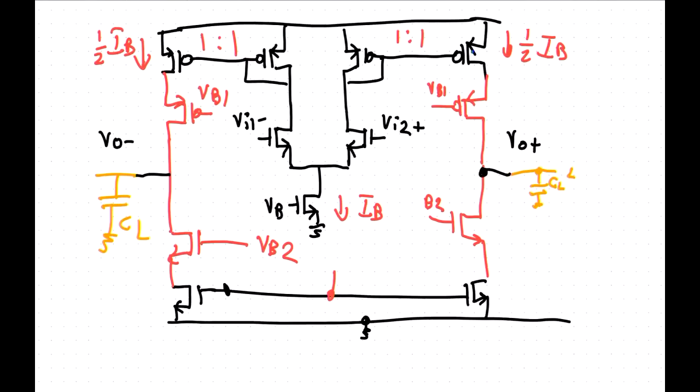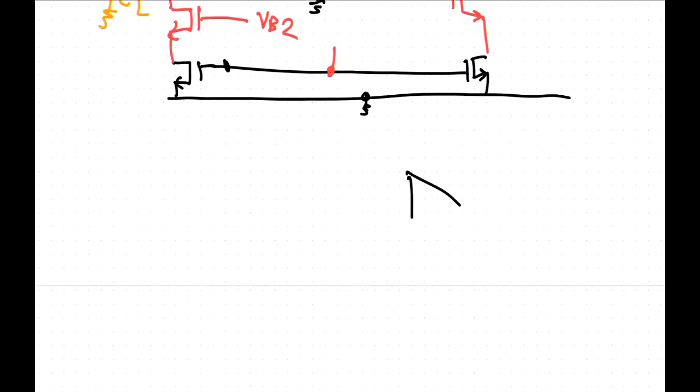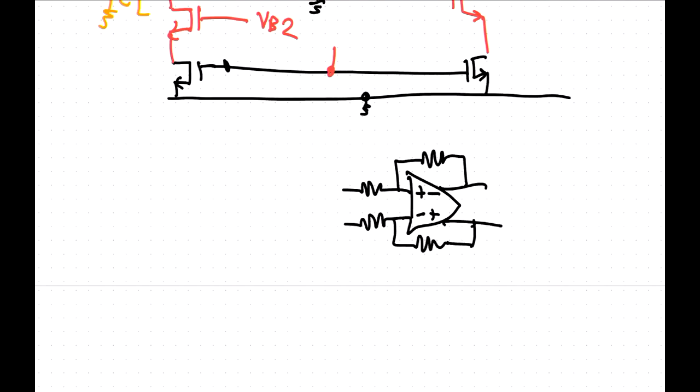A fully differential circuit, let me just scribble this down here. This would look like this. I'm using resistors here, probably this would be capacitors, but what you do with a fully differential circuit is that the feedback mechanism is differential.